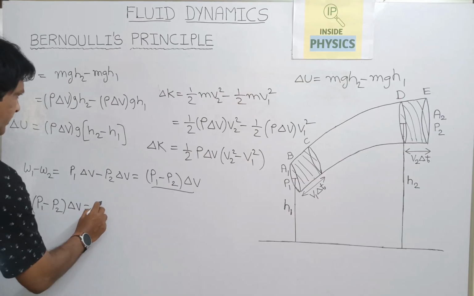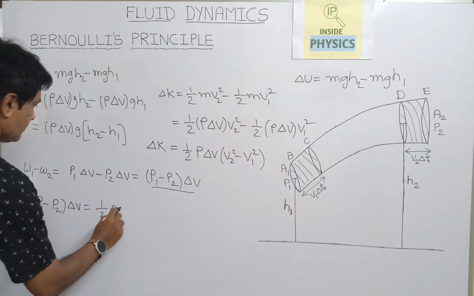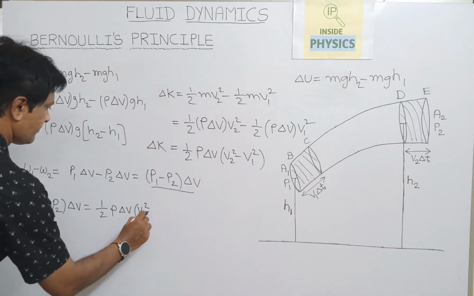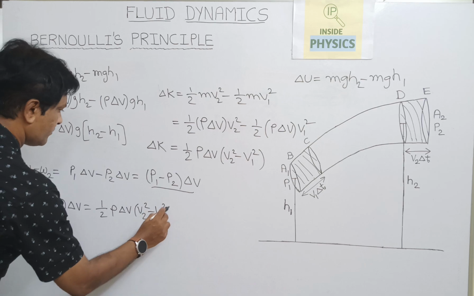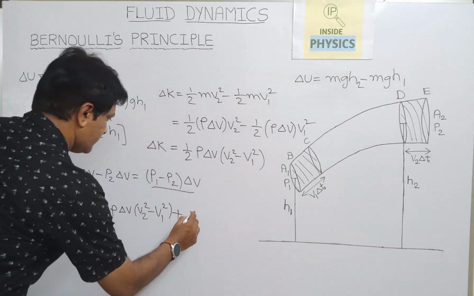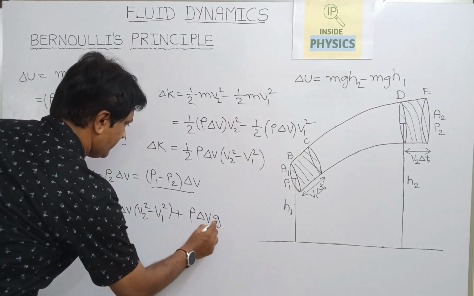So in this way we can write it as half rho delta V (V2 square minus V1 square) plus rho delta V g (h2 minus h1). Here g is nothing but acceleration due to gravity.